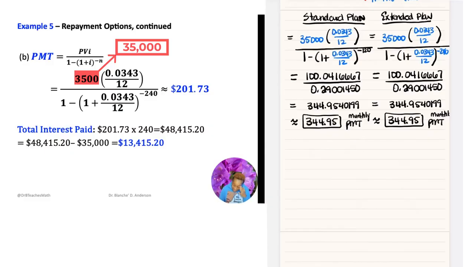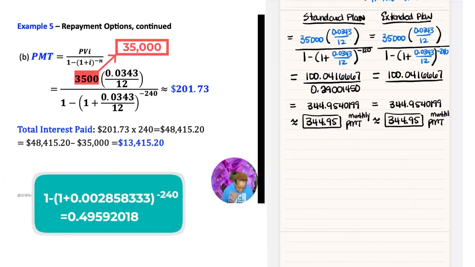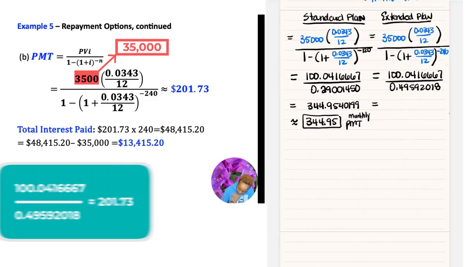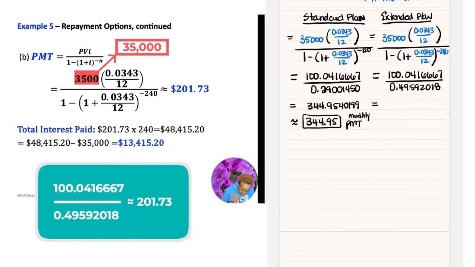So the numerator is the same, but for this denominator, when you do the math in your calculator, you should get 0.49592018. Okay, and when you do the division, you get 201.7293709, which is approximately 201.73.